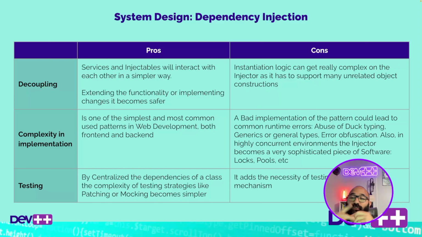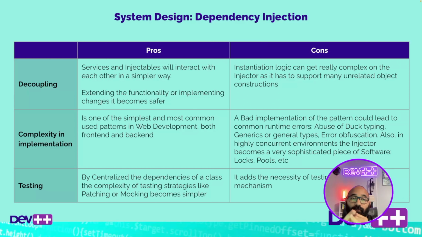You can abuse reflection, generic typing, dynamic typing or duck typing, or abuse the use of masquerading or hiding errors, just because you have to take into consideration multiple scenarios where your injectables are going to be used, right? Also, in highly concurrent environments such as the connection pool that I was describing, the injector becomes a really complicated piece of software, right?